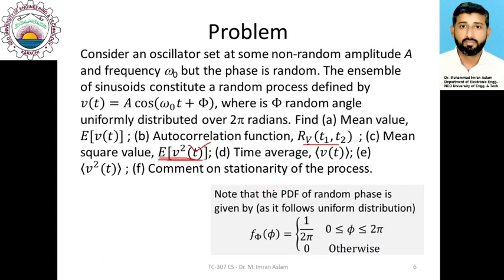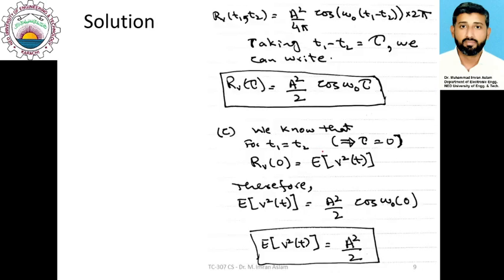So to calculate the mean square value, we substitute t1 equal to t2. Alternatively, we substitute tau equal to 0, because t1 minus t2 is tau. Substituting tau equal to 0 gives the expected value of v square t, that is the mean square value. Here tau is replaced by 0, cos 0 is 1, therefore the expected value of v square t comes out to be a square by 2.